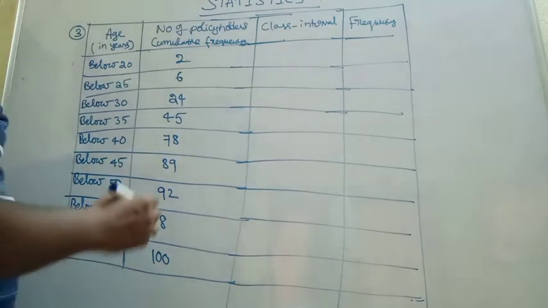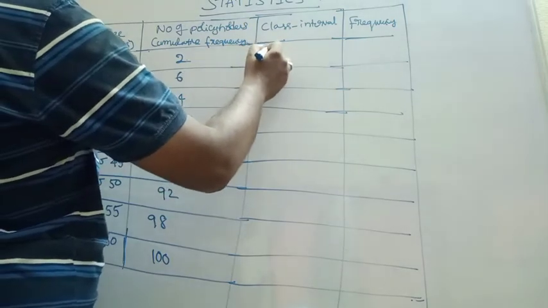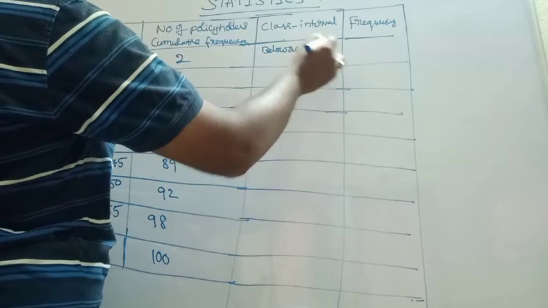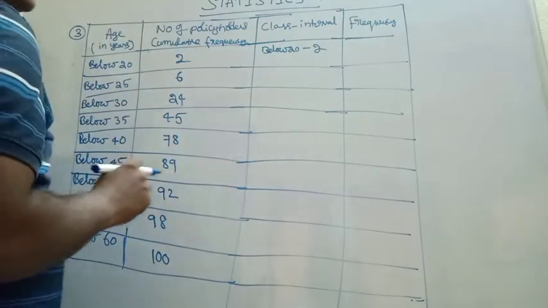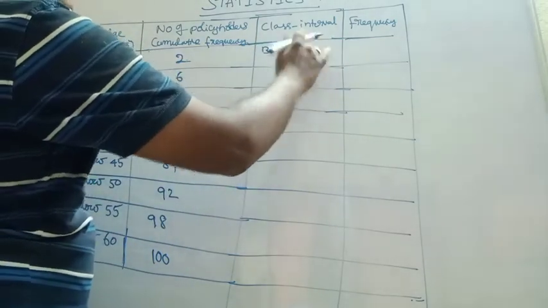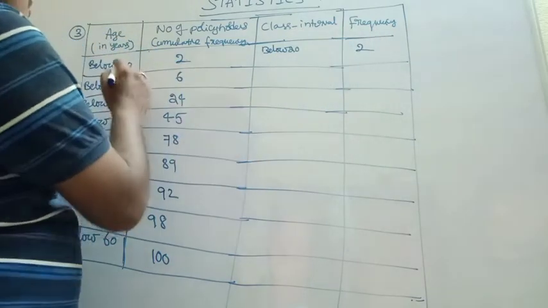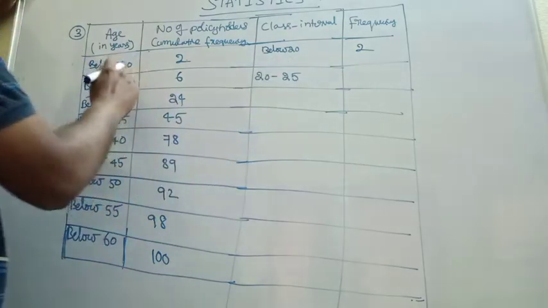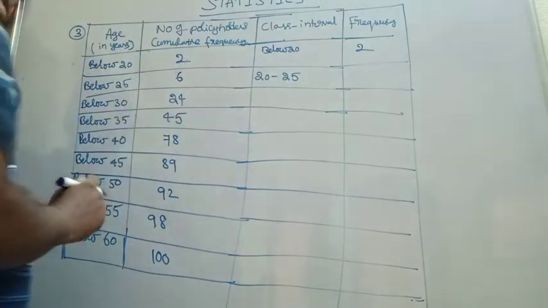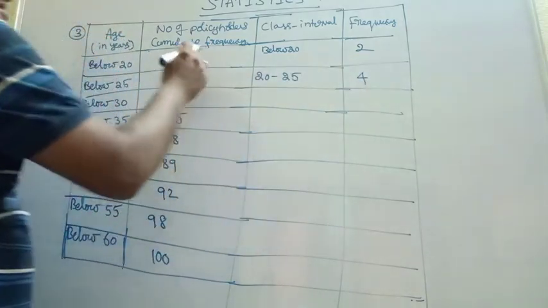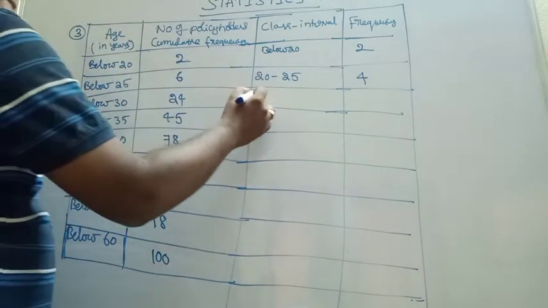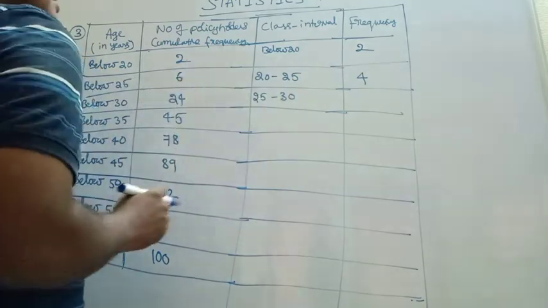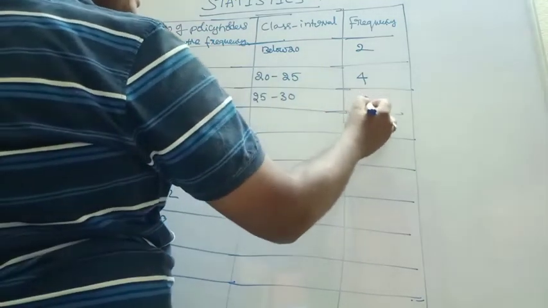Right, my dear students. Now the class interval below 20 has frequency 2. Now 20 to 25: 6 minus 2, that is 4. Then 25 to 30: 24 minus 6, that is 18.